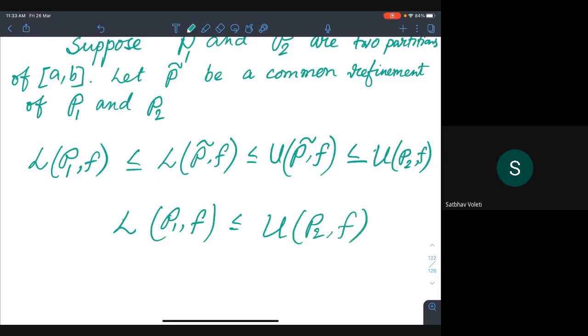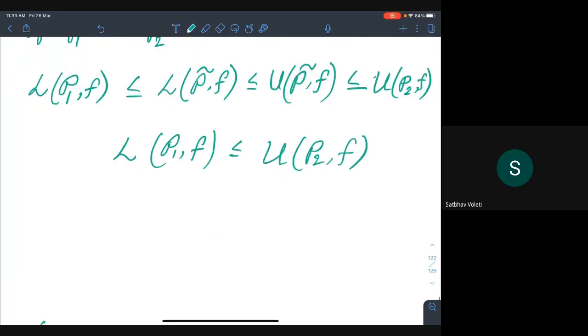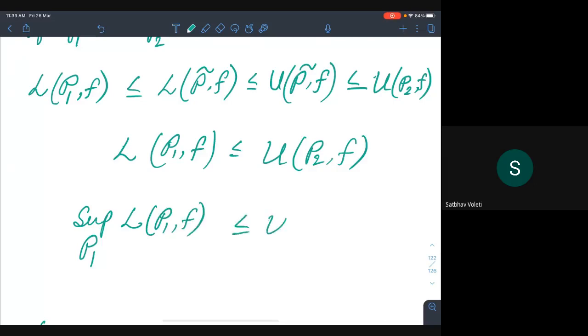Now here you can take the supremum, and here you take the infimum. So you take the supremum over partition P1 of L P1 f, which is less or equal to U P2 f.